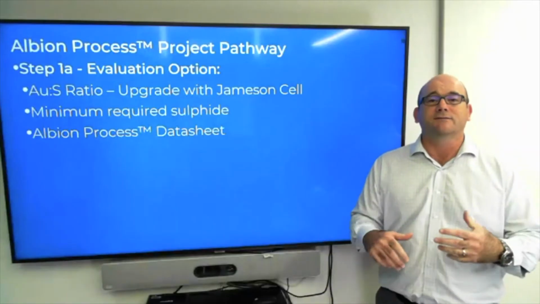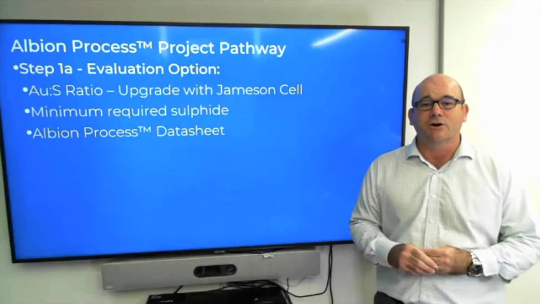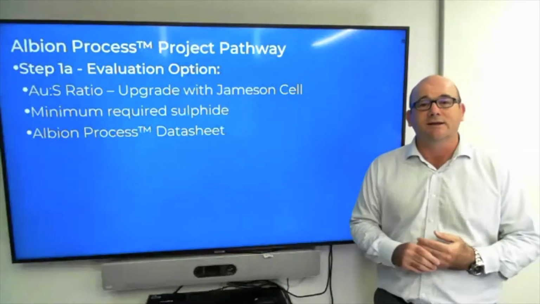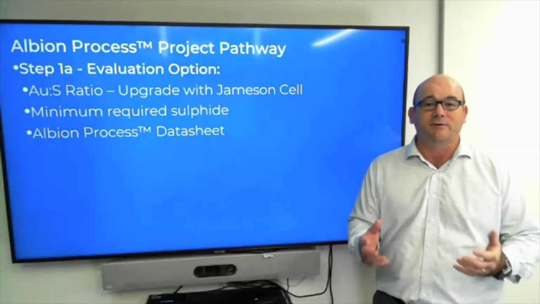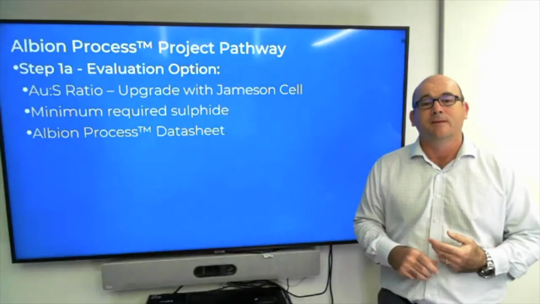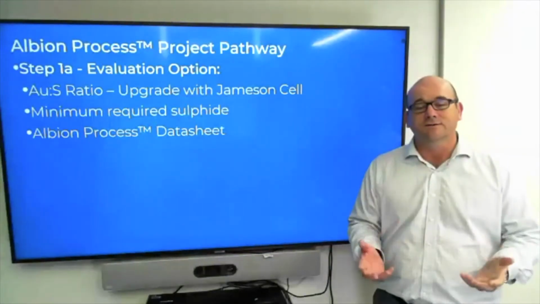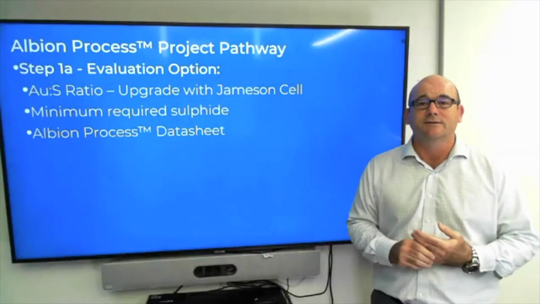So then looking at that sulfide that we have there, then understanding how much gold is in your feed can then give you a really quick indication, looking at the gold to sulfide ratio, of whether you have an economic project.